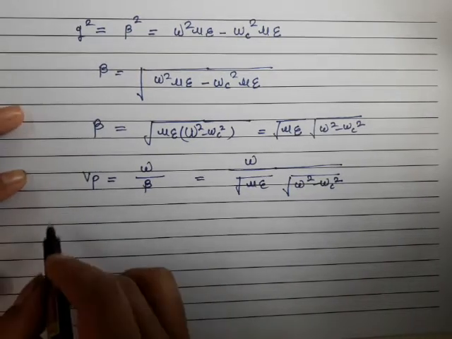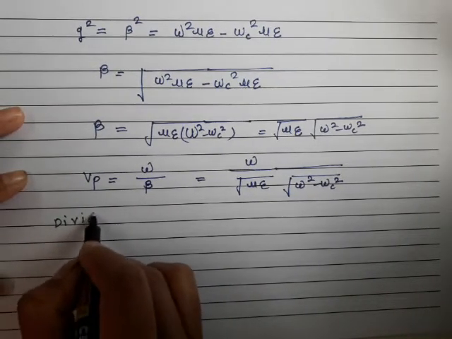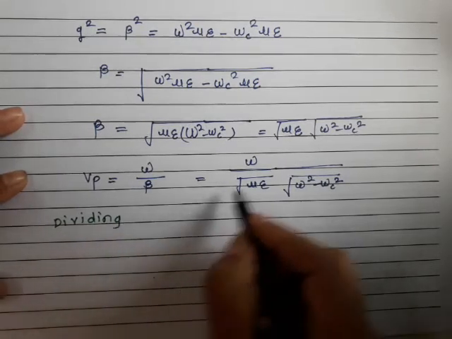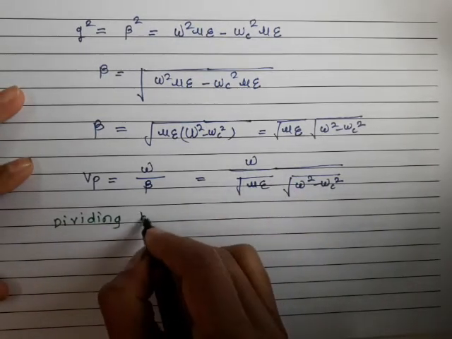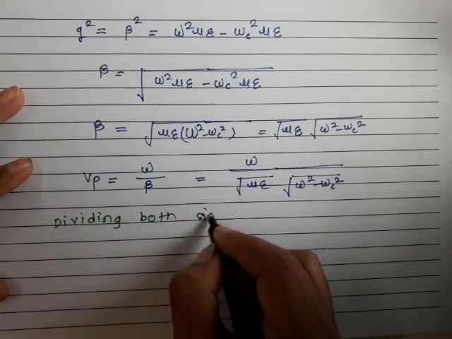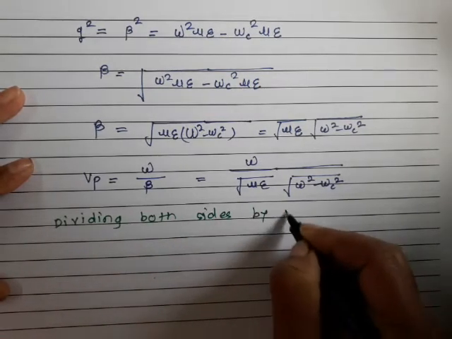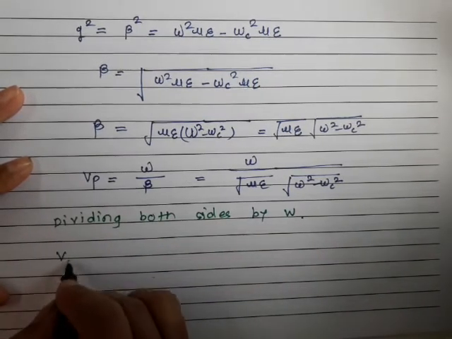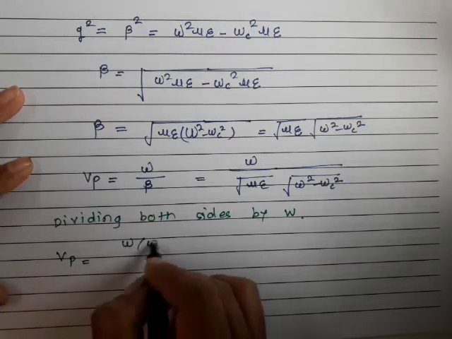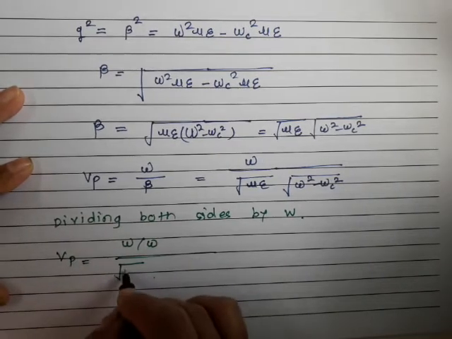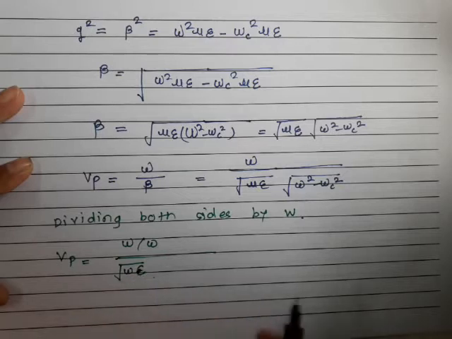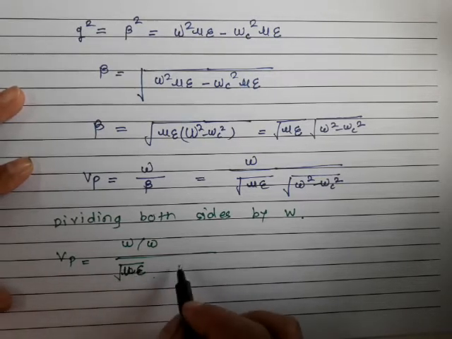So dividing both the numerator and denominator by omega, you can say Vp is equal to omega by omega, mu epsilon, omega square by omega square.